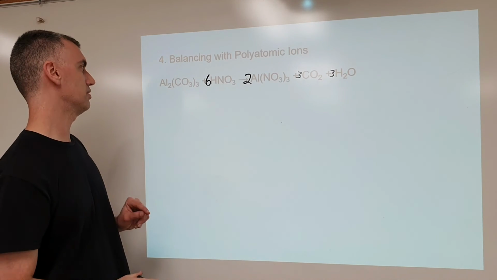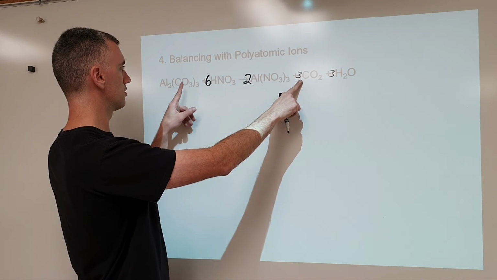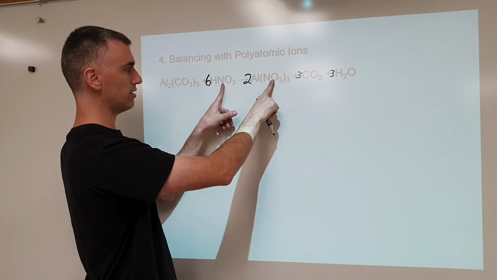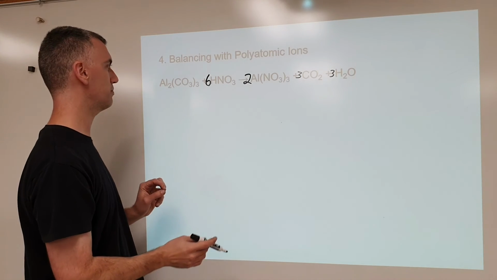Note something just happened. I've done the aluminums. I did the carbons. I saved the oxygen for later, but I did the hydrogens and I did the nitrates. So I've done everything except oxygen. Oxygen is the last thing to do, but check out what happened.